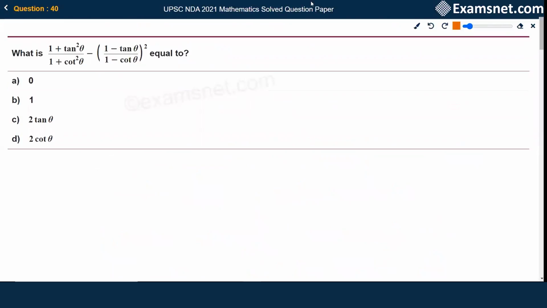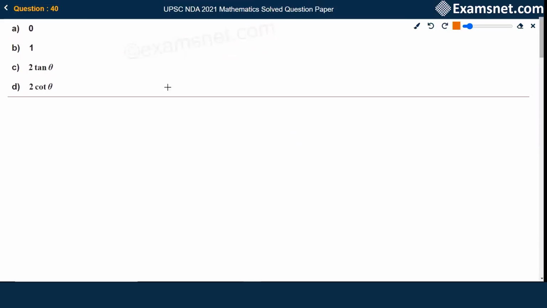In question number 40, it is given: what is the value of the expression (1 + tan squared theta) by (1 + cot squared theta) minus ((1 - tan theta) by (1 - cot theta)) whole squared? In order to solve this particular sum, first we will discuss a few standard identities that we need to learn. One is sec squared theta equals 1 plus tan squared theta.